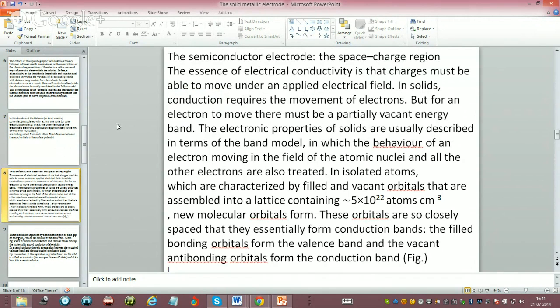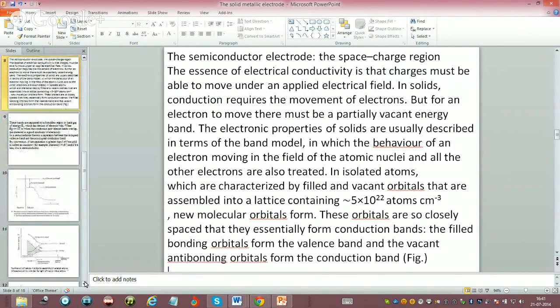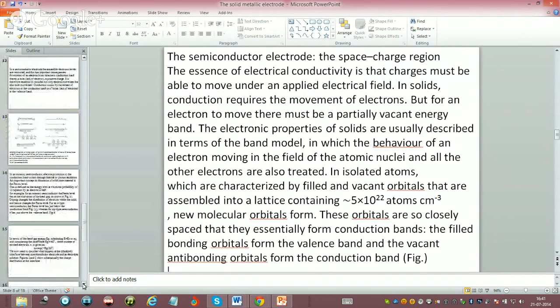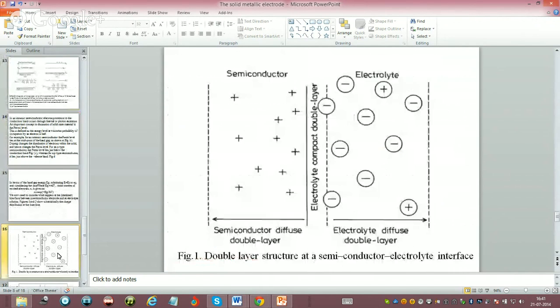In the semiconductor electrode, we will be having a different situation. We have been doing this a number of times, but we will simply look at it once, then only we will understand it. So in the semiconductors, I hope you are able to see in the electrolyte, if I assume that the electrode is positively polarized, therefore negative ions will be more in the inner Helmholtz plane or diffuse double layer with respect to the positive ions.